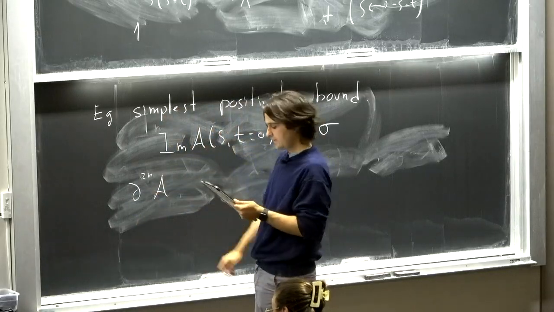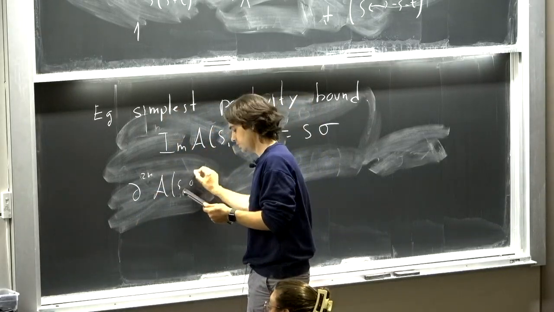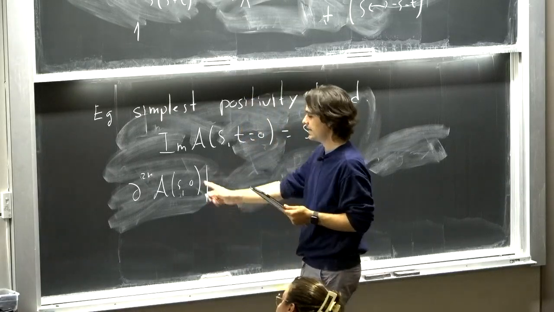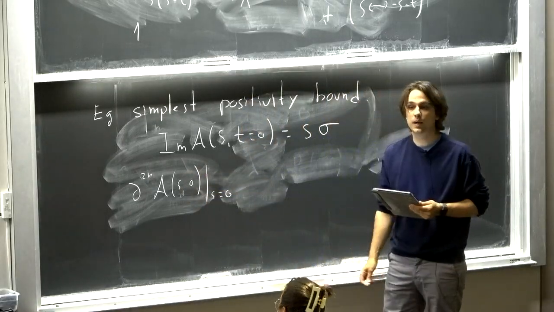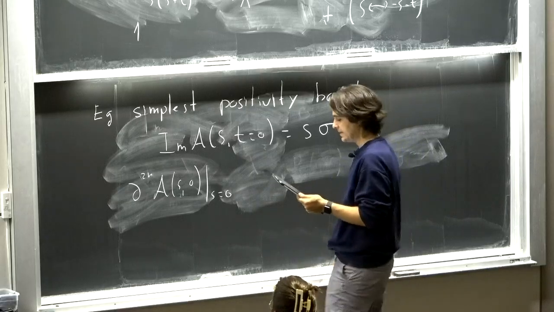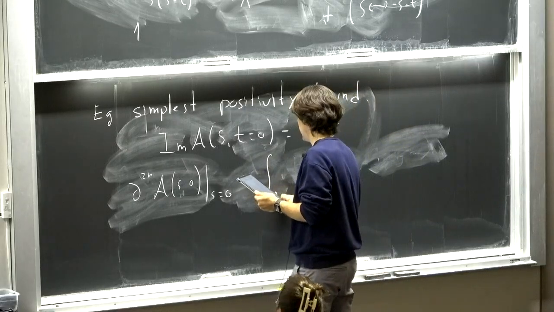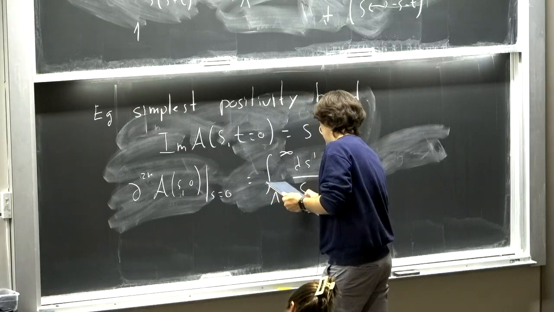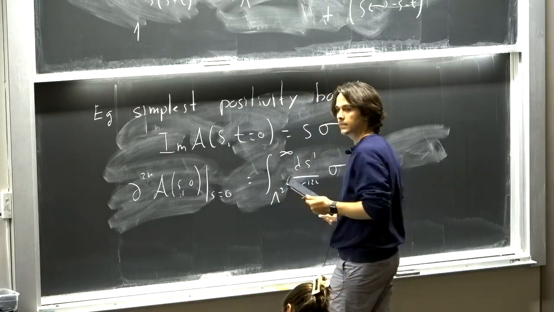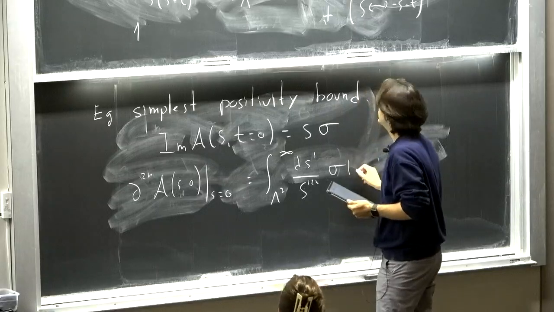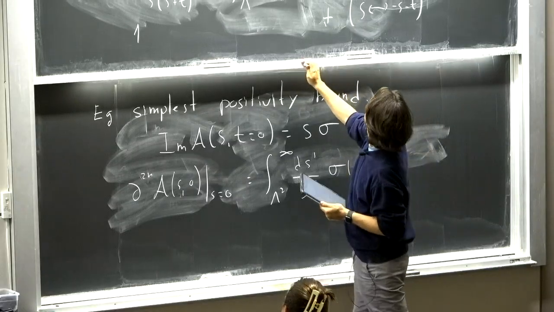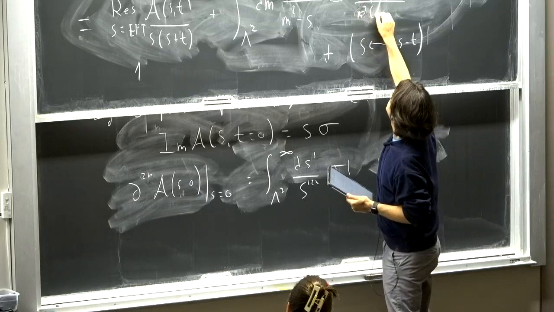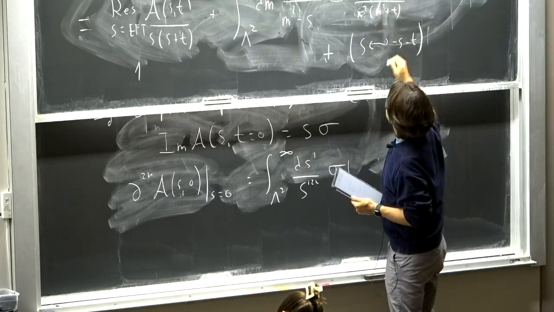any even derivative of the amplitude at t equals 0 at low energies, so this is picking up the coefficient of s to the 2n in the forward limit in the EFT, can be written as the integral of the, oh, sorry, yeah, this is here.